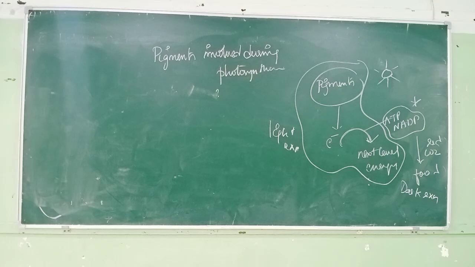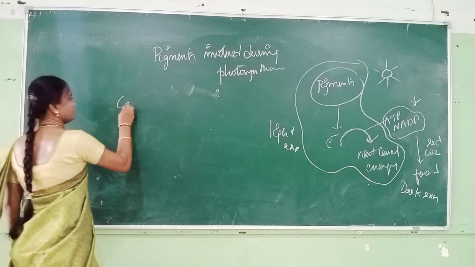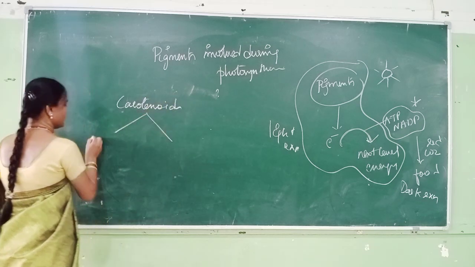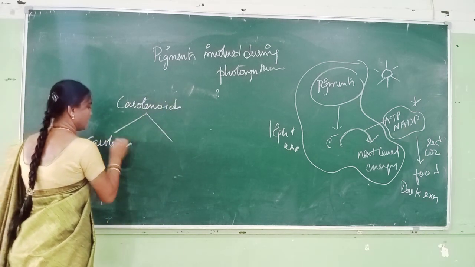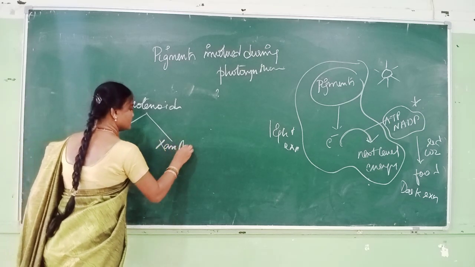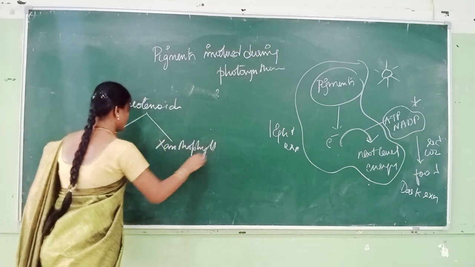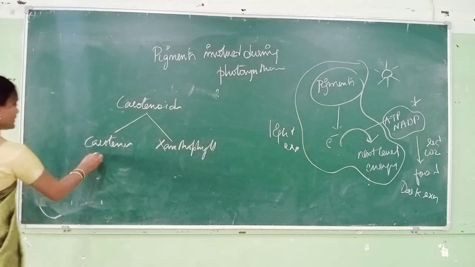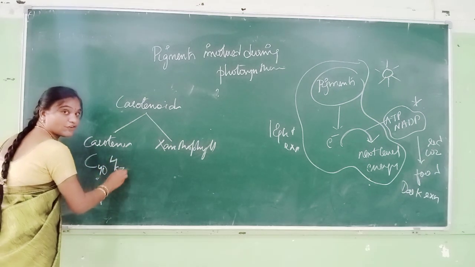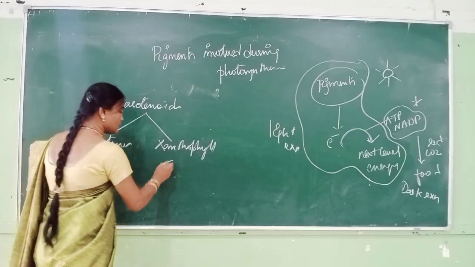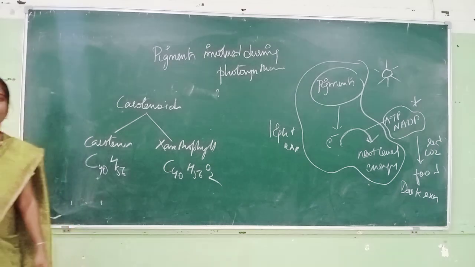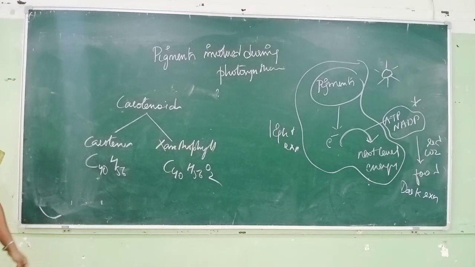Carotenoids are of two types, carotenes and xanthophylls. Carotenes are carbon containing compounds with C40 and H56, and xanthophylls are C40, H56 and O2. So this is the structural formula of carotenes and xanthophylls.